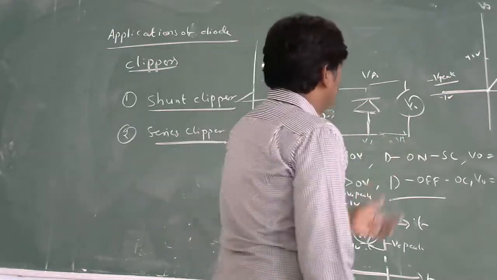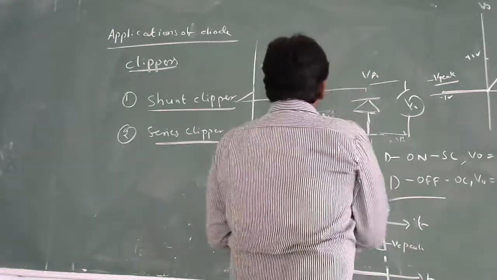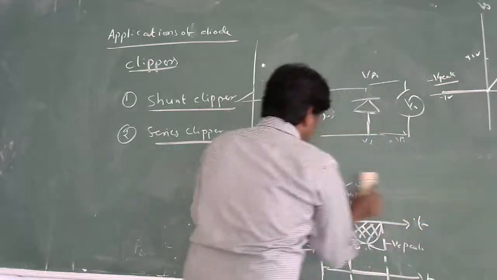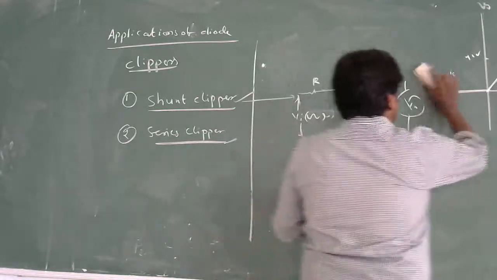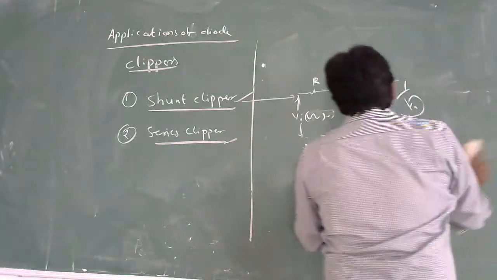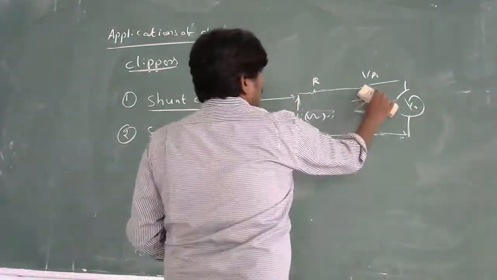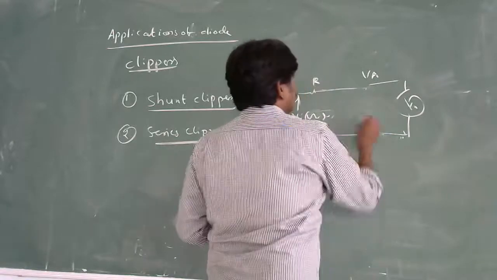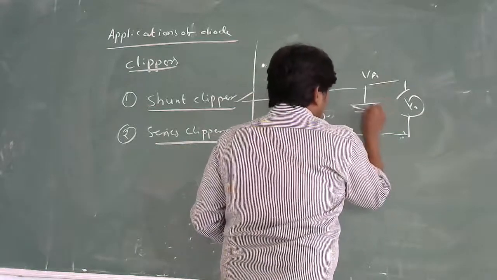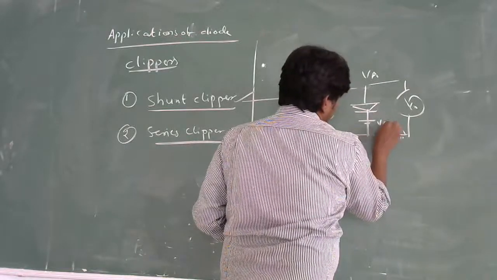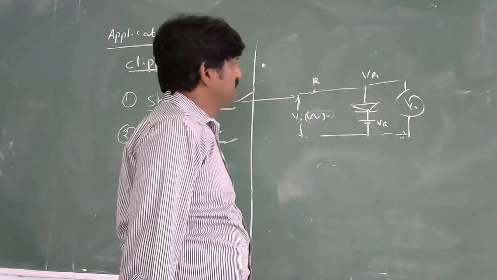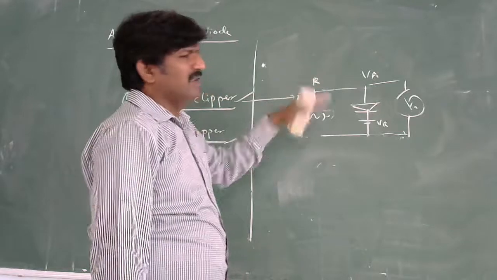In many ways, it can be improvised. How do we improvise for these configurations? You can consider different components. Let me consider here: we have the diode. At the same time, we have one reference voltage in series with the diode. How is this clipper going to work out?